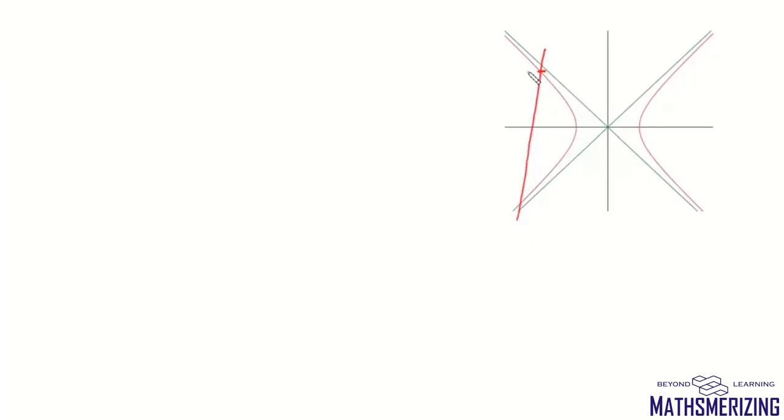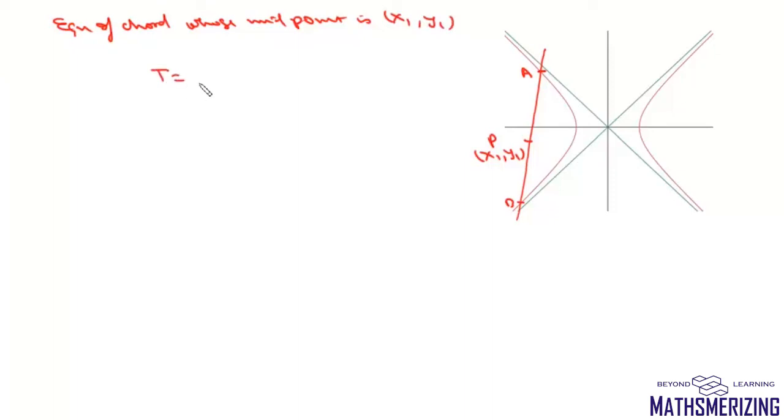Suppose this is a chord of hyperbola AB whose midpoint is P, and say coordinate of P is x1 comma y1. Then equation of chord whose midpoint is x1, y1, it is given by T equals S1.